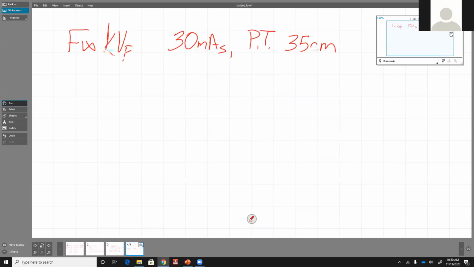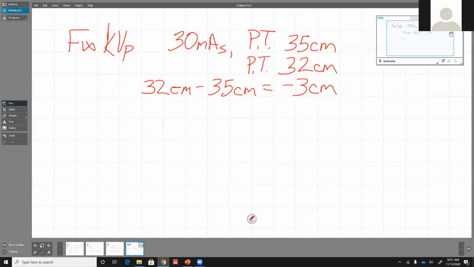And they come back and they're 32 cm. Or, your part thickness is 35 cm and then you estimate the patient's at 32, is how you can look at it. So we're going to take 32 cm minus 35 cm equals negative 3 centimeters.